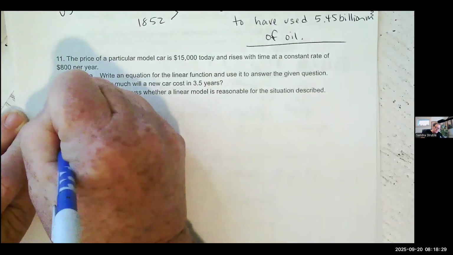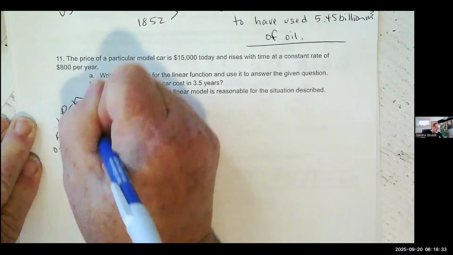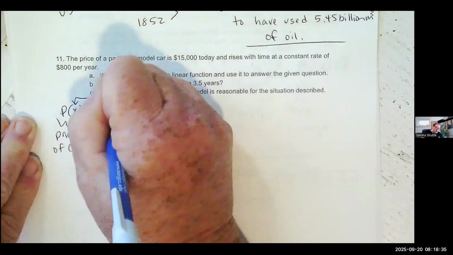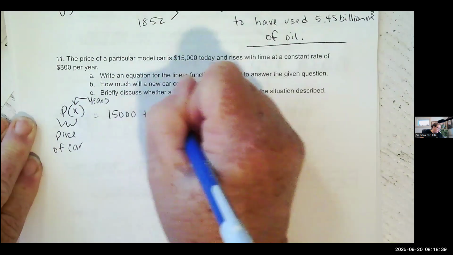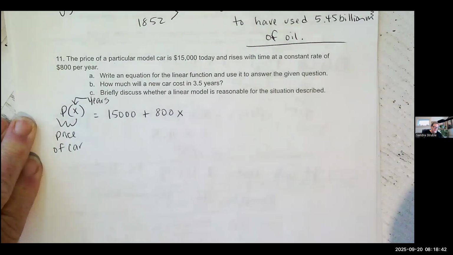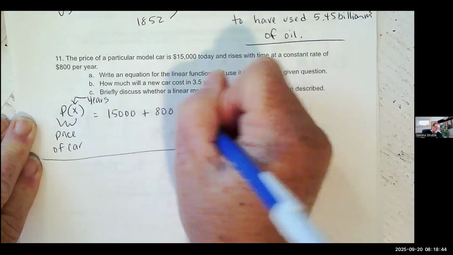This is price of car. And it starts off at $15,000 and it's going up by $800 per year. There's my A.